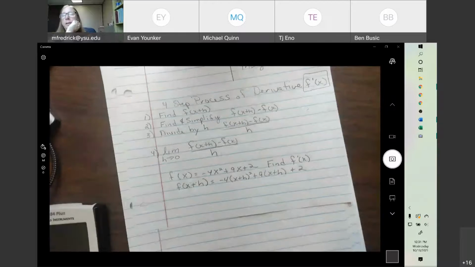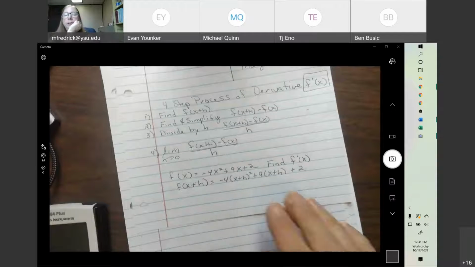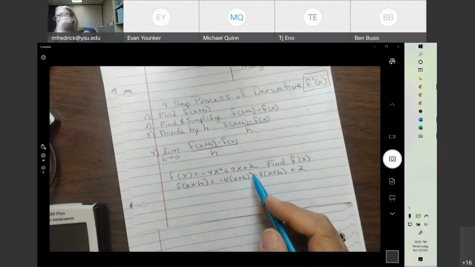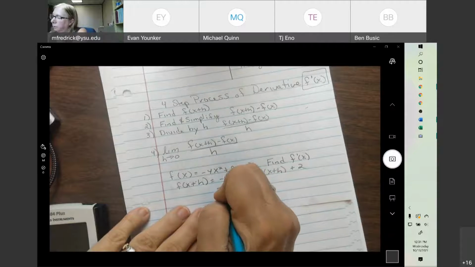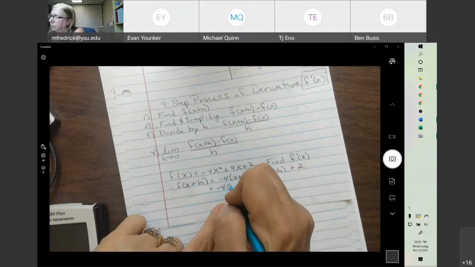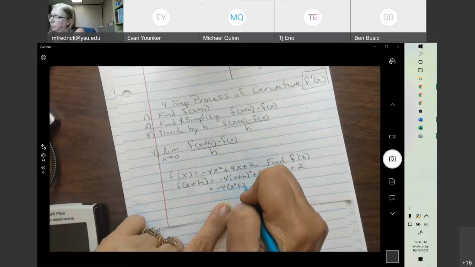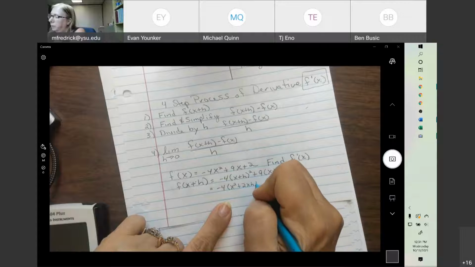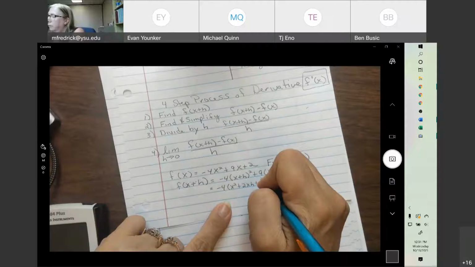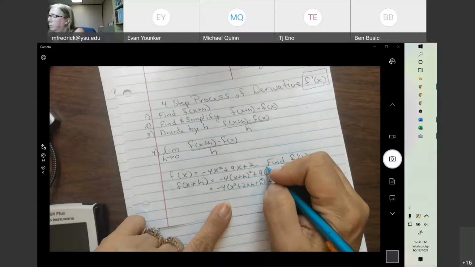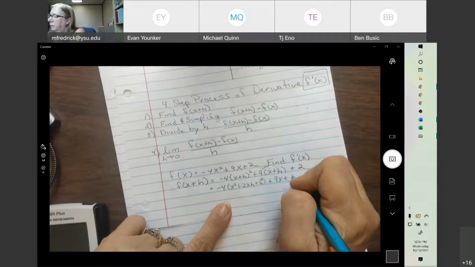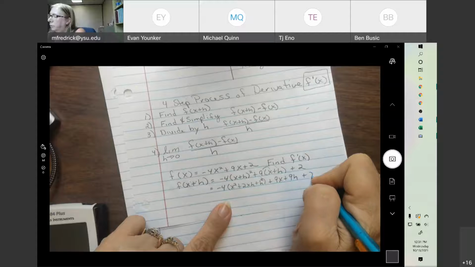Now you want to multiply everything out, but are there any questions on that? So we need to square this. X squared plus 2xh plus h squared plus distributing the 9. 9x plus 9h plus the 2.